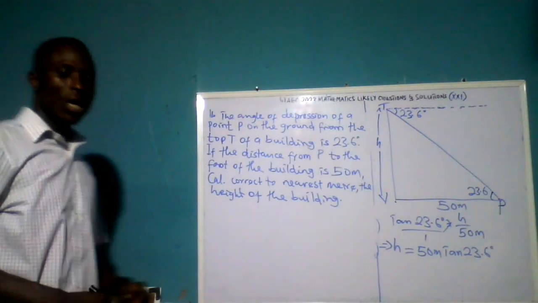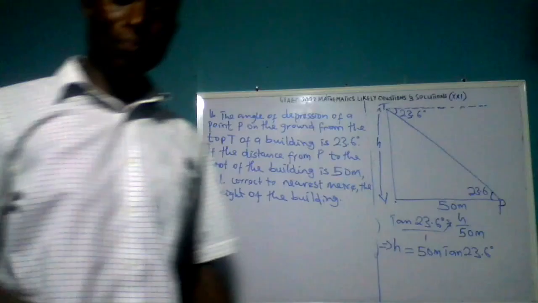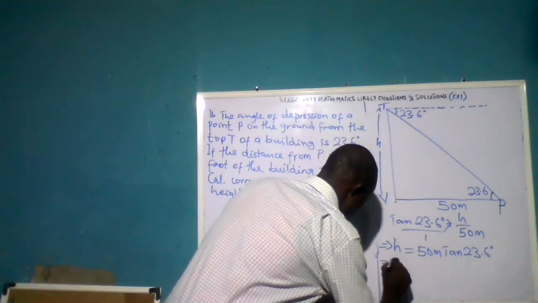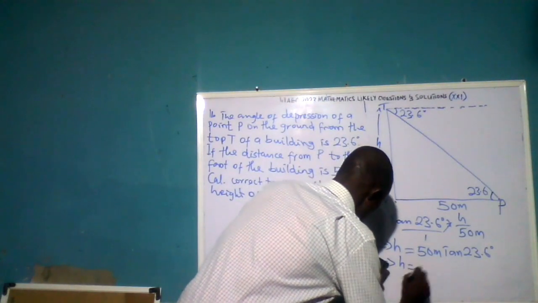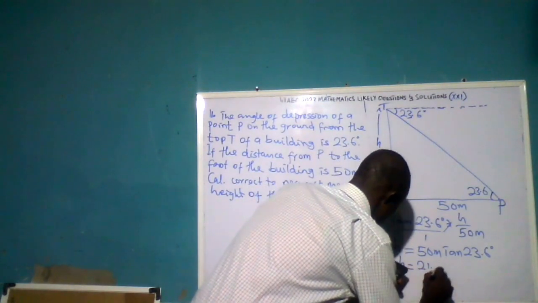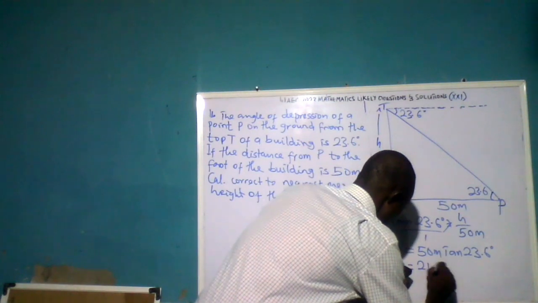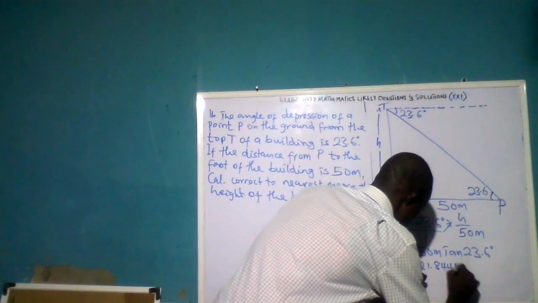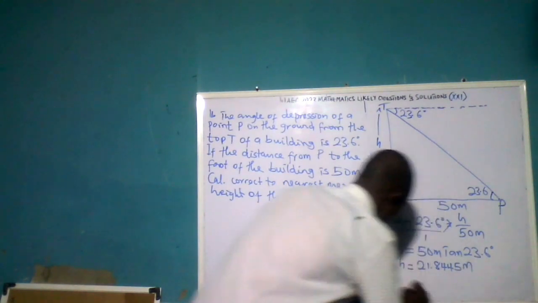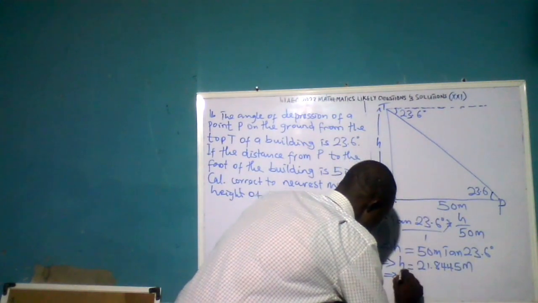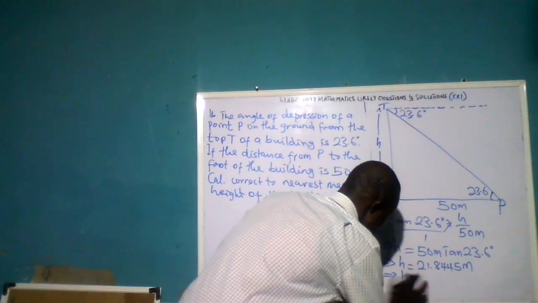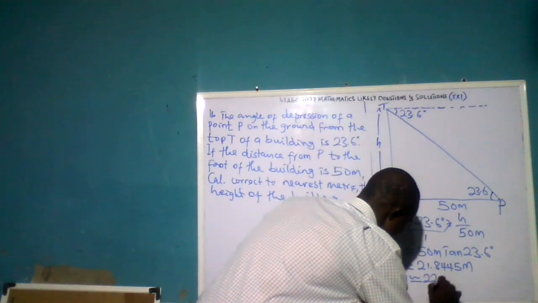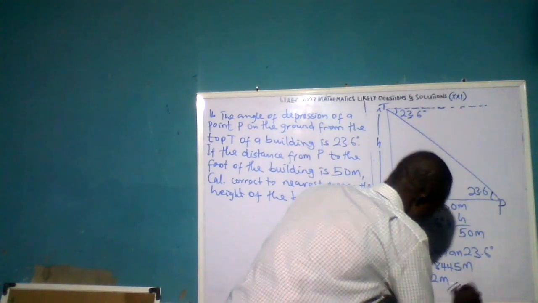And you have to use your calculator here. So h is equal to 21.8445 meters, which implies that h is approximately equal to 22 meters. That's the final answer.